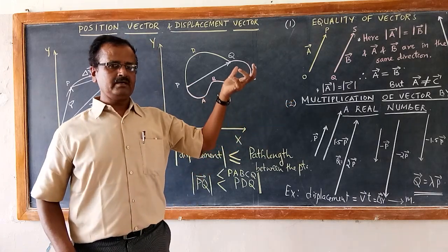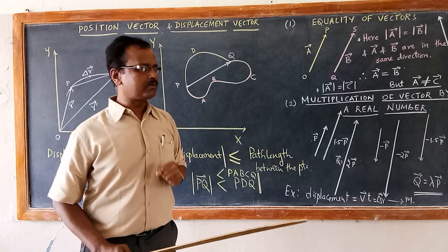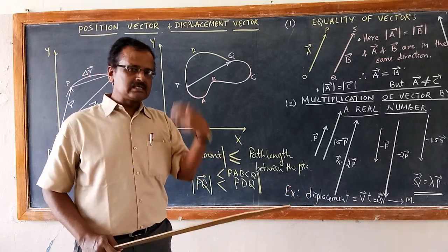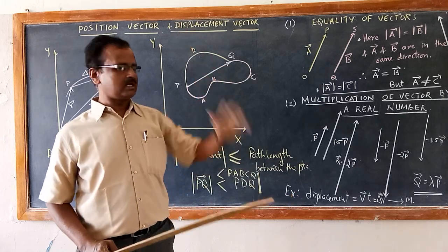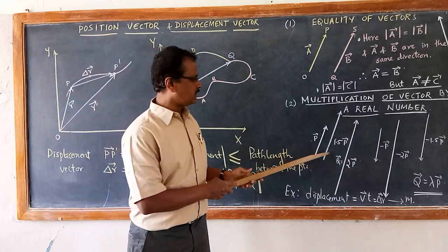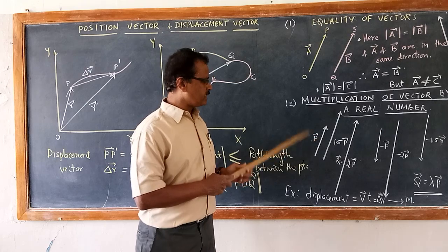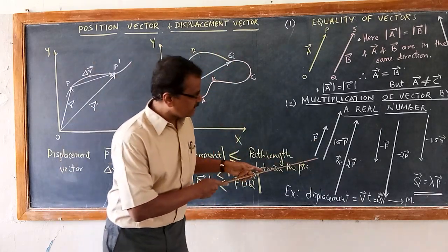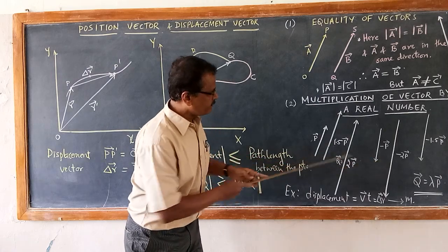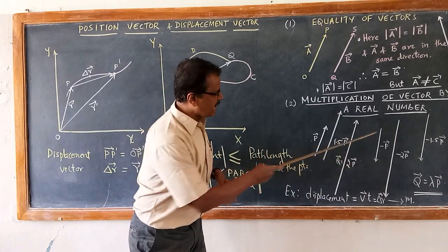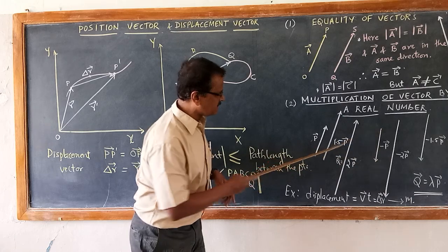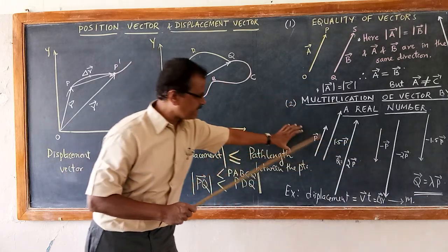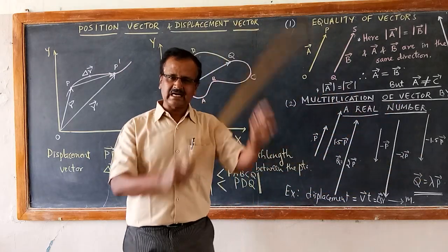Now suppose I multiply by a negative number, what happens? Then we will get the resulting vector in the exact opposite direction. Suppose I multiply p by -1, then it becomes minus p vector. If you look at this one and this one, minus p vector has the same length as that of p, the same magnitude, but its direction is exactly opposite.